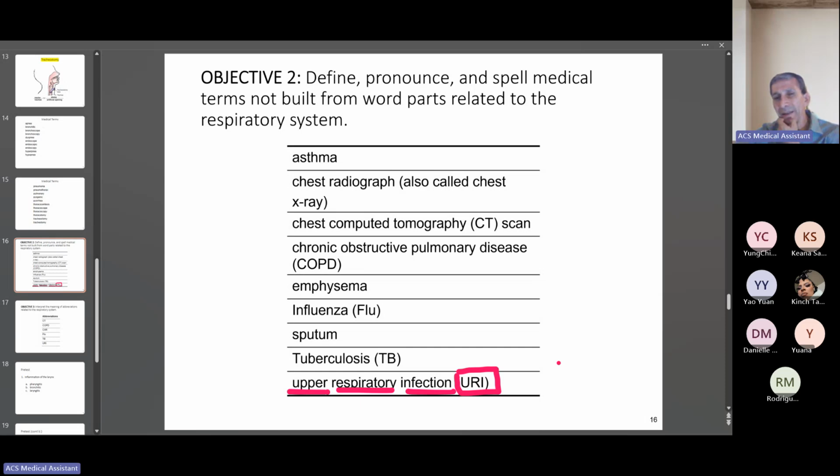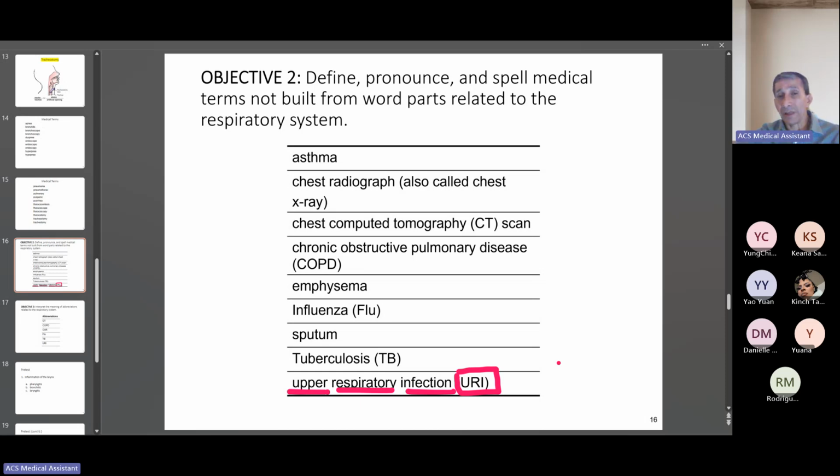So once again, this is URI. If you have problems with your nose, your throat, your larynx, that is called URI. If you have problems with your trachea, your lungs, your bronchioles, that's a lower respiratory infection.